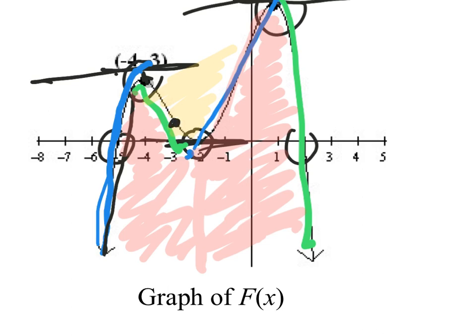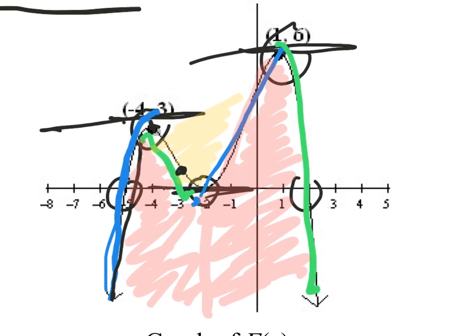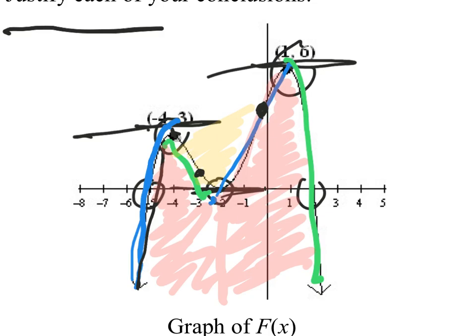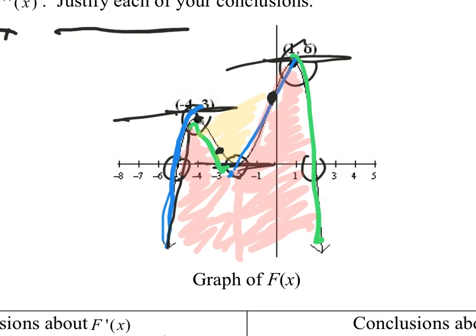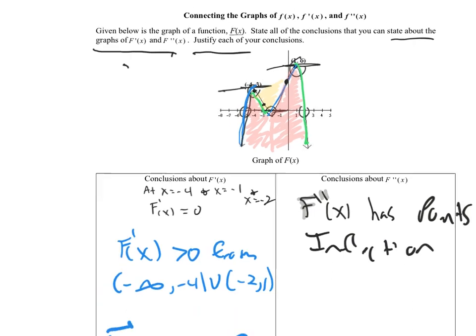Put a dot here. They are evenly numbered, so he's probably doing us a favor. -2, let's see, 1, 2, 3, 4, 1, 2. I'm going to go up to here then. I'm going to put those two. I'm going to make an executive order and call those my points of inflection. I don't really have proof, but I'm going to speculate it.